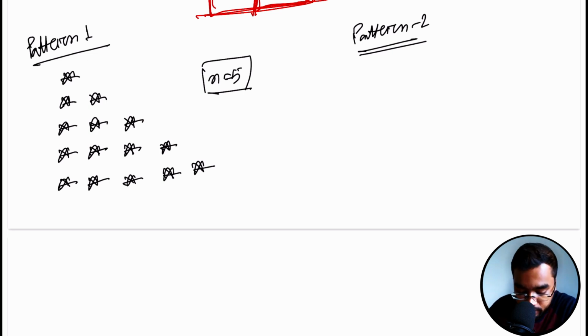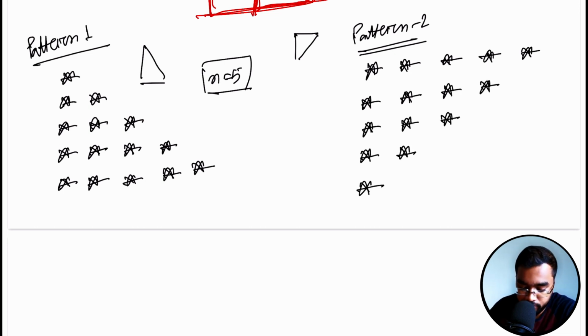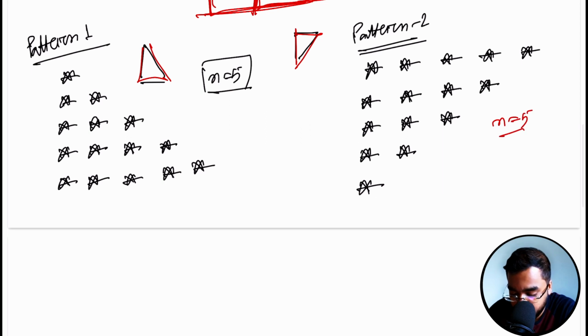So this is pattern 1, and this is pattern 2. Again, here it is n equal to 5, obviously.